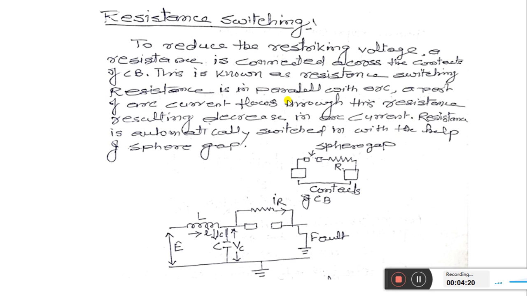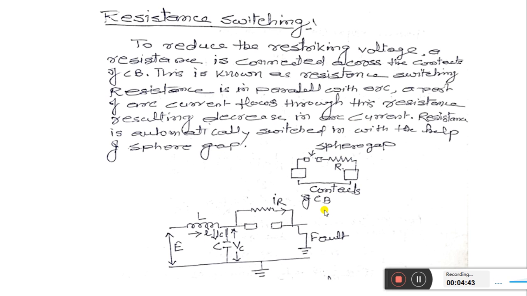Now the resistance is in parallel with the arc, and a part of the arc current flows through this resistance, resulting in a decrease in the current. The resistance is automatically switched in with the help of the sphere gap. This we have already discussed. So this is about resistance switching.